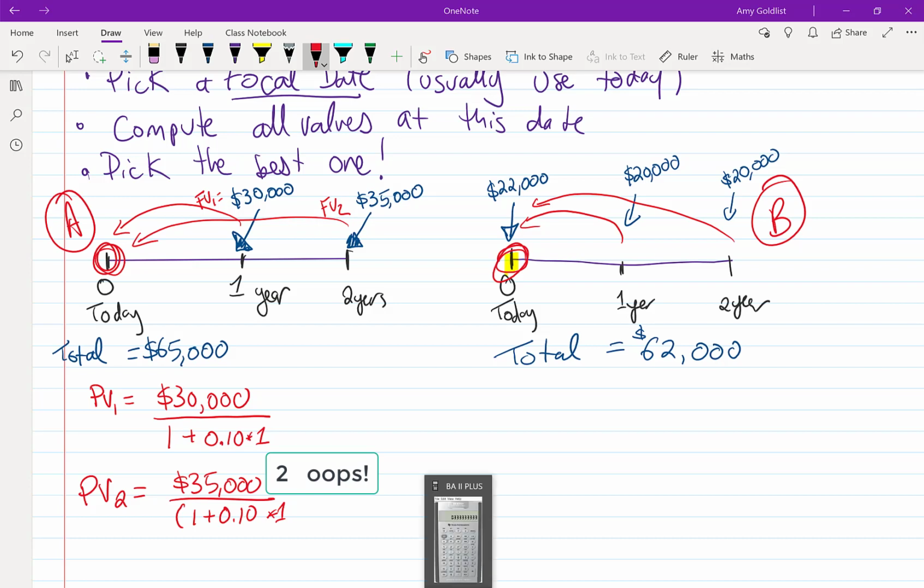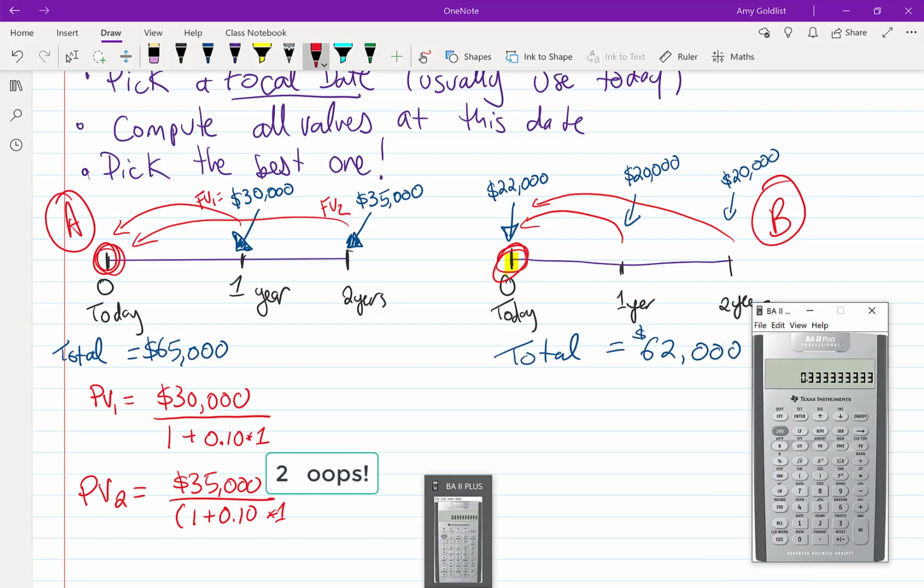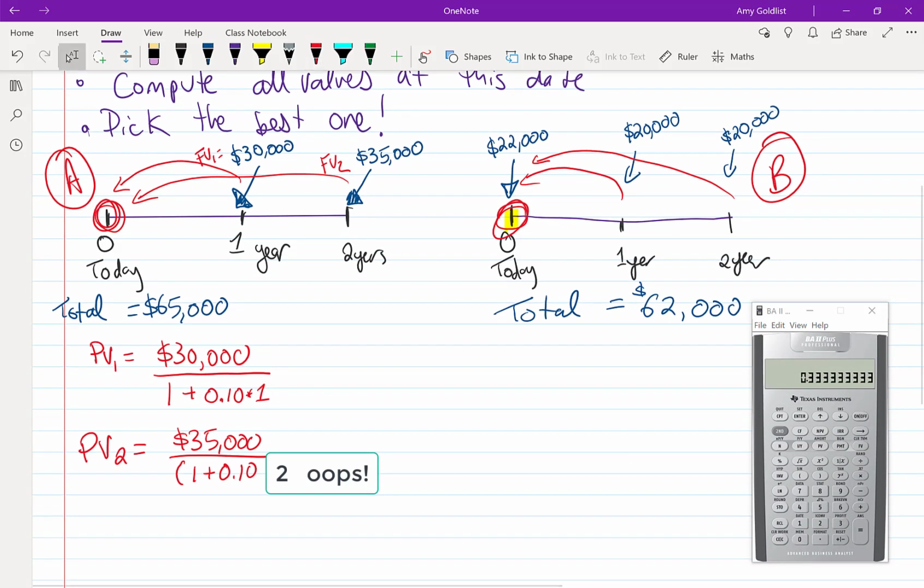Let's just pull the calculator back up. 30,000 divided by 1.1 is 27,000-ish. Sorry, this should be a 2 here because it was 2 years.